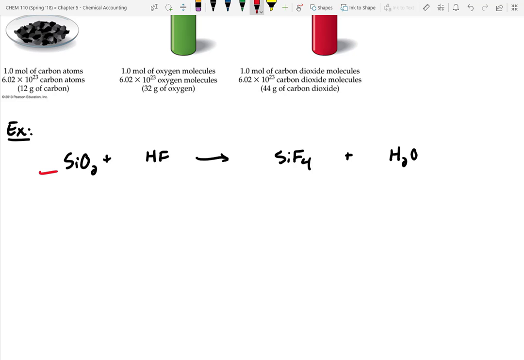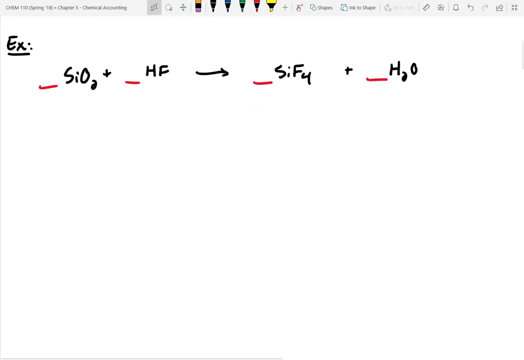So now what we need to do, step 1, is always, always, always balance this out to make sure that we have the correct equation shown.